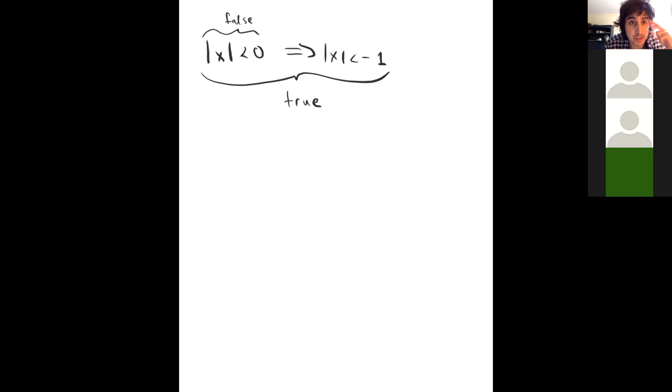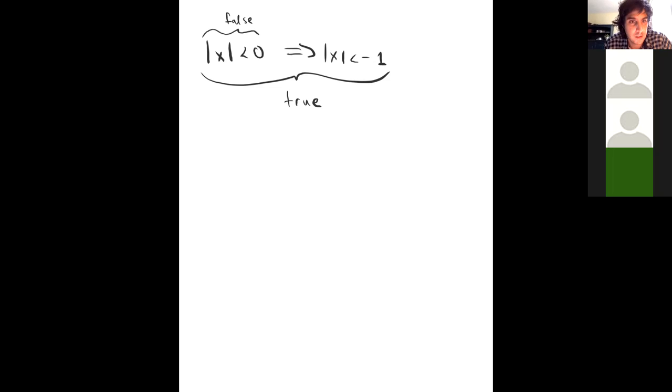For all the other options, the hypothesis is true or could be true, and the conclusion is wrong in all of them. In A, if x equals 1, then x isn't less than 0. X squared isn't always bigger than or equal to x. Are there other questions? Is there one you want me to talk about?